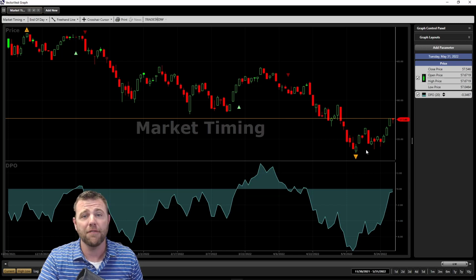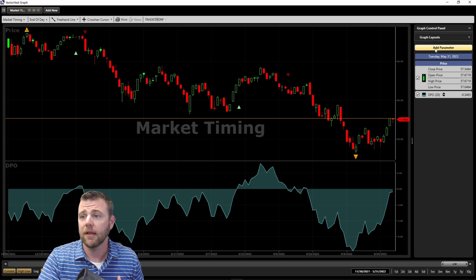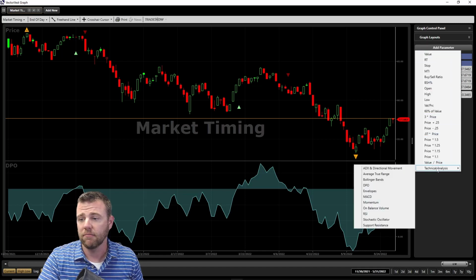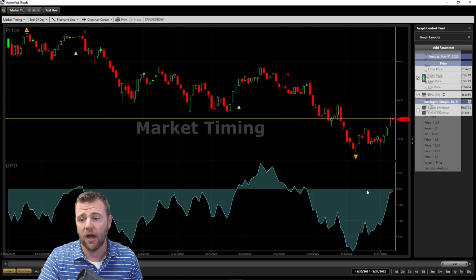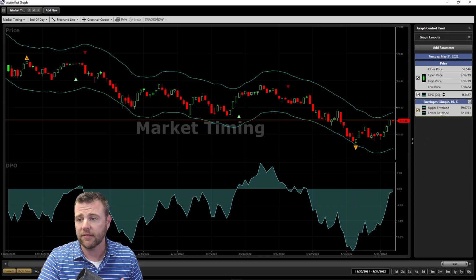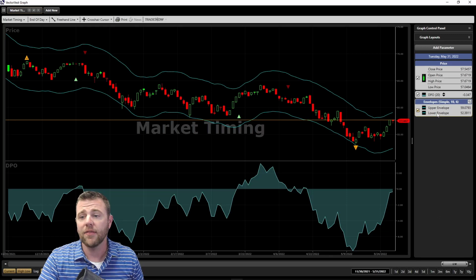The next indicator for the DEW, the E, stands for the envelopes. We go to the add parameter once again, technical analysis, and select the envelopes. We're using a 10 and 6, just the basic default settings here in the VectorVest 7 software. The envelopes show extremes in price.